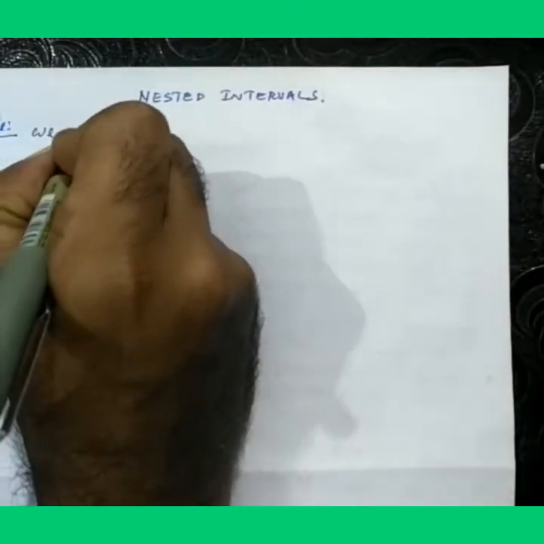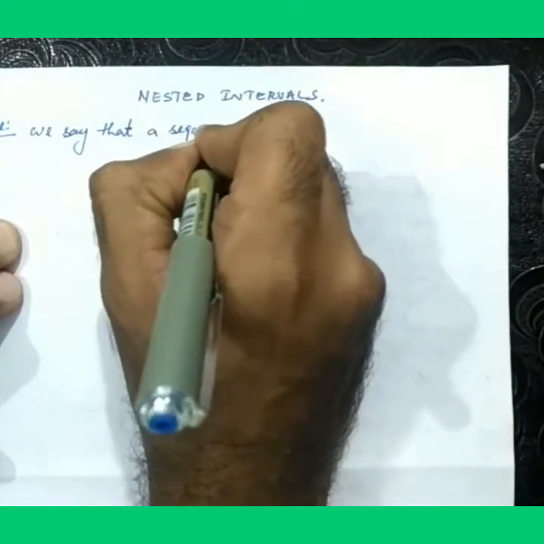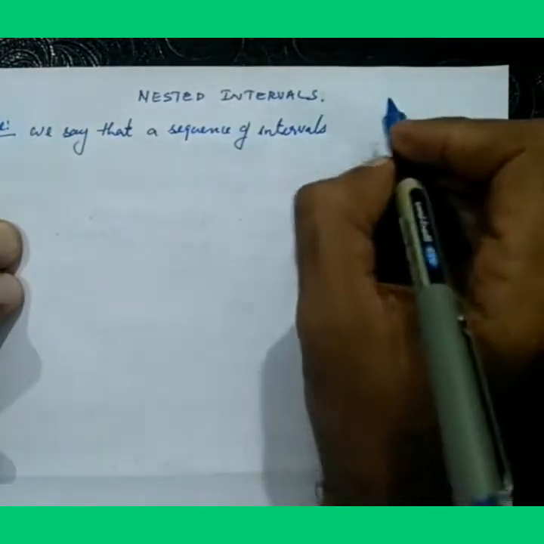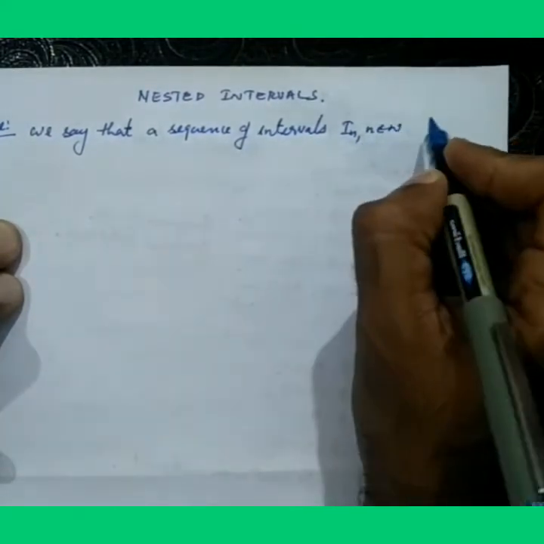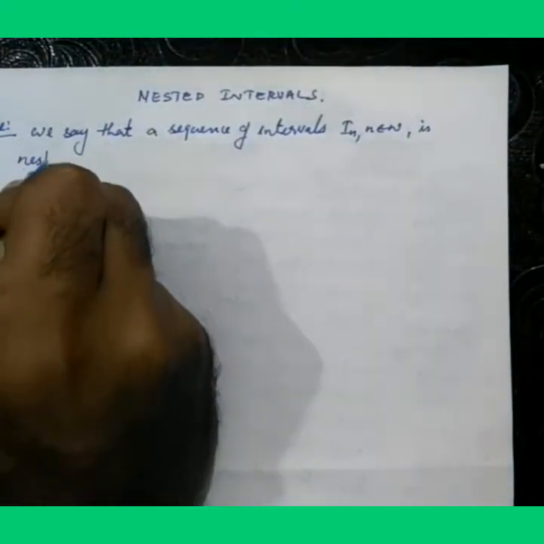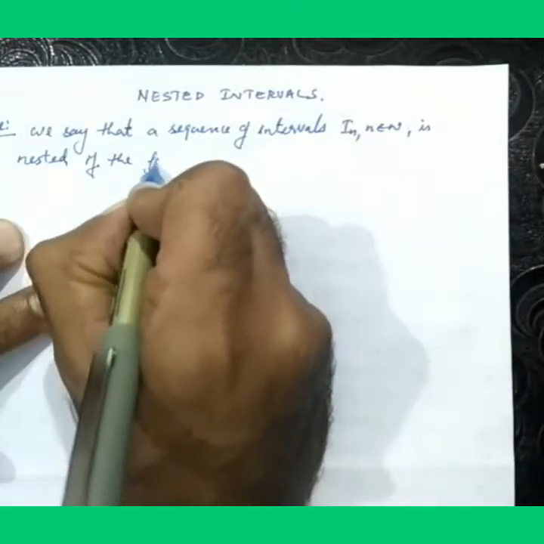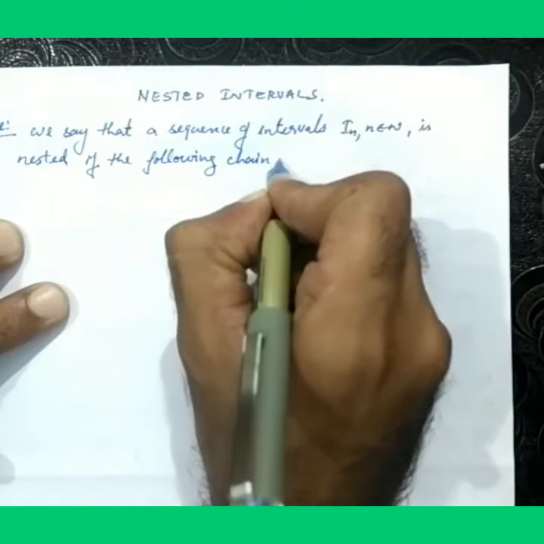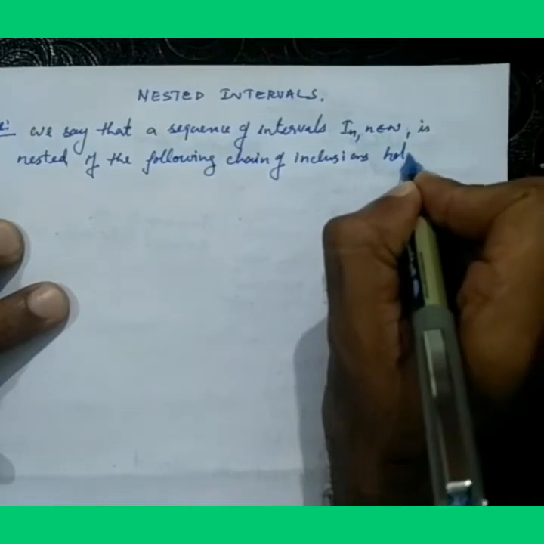So we say that a sequence of intervals I_n, where n is a natural number, is nested if the following chain of inclusions holds.